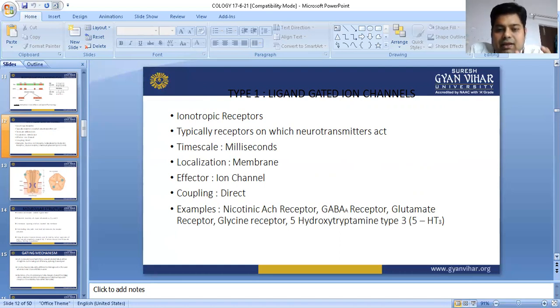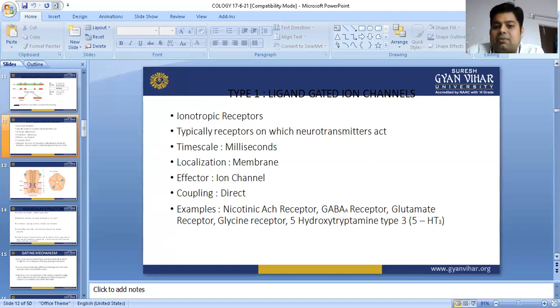So for ligand gated ion channel receptors, the example is nicotinic receptors, found in the autonomic nervous system, of NN or NM types. There are two types. The nicotinic acetylcholine receptor family belongs to ligand gated ion channels; acetylcholine binds and the receptor works.